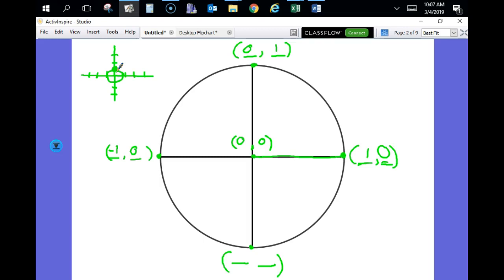I bet if I hadn't posed the question so crazily, it would have gone better. Let's say I drew this on the board and put a dot, and asked you what the coordinates are. I bet most of you would have said 0, 1, right?